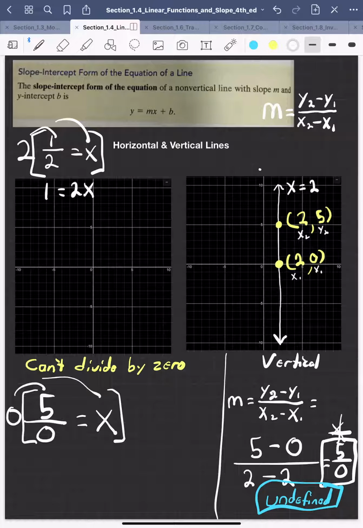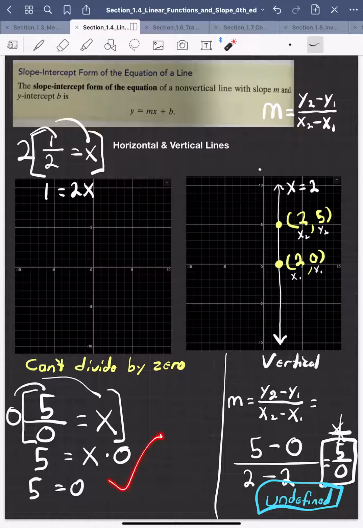Well, that would end up with 5 is equal to x times 0. And we've always gone under the assumption that anything multiplied by 0 is 0, right? So 5 equals 0.